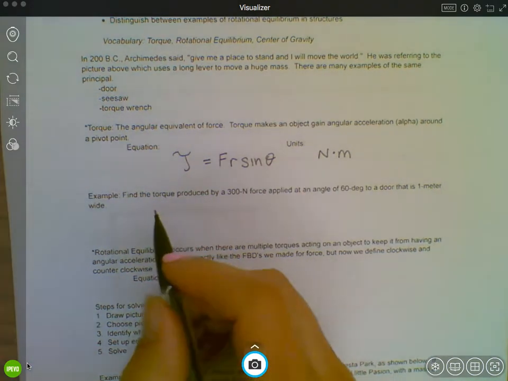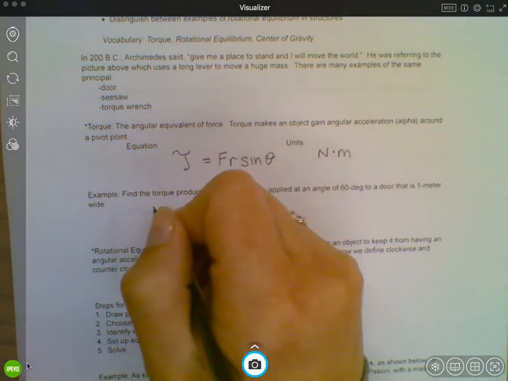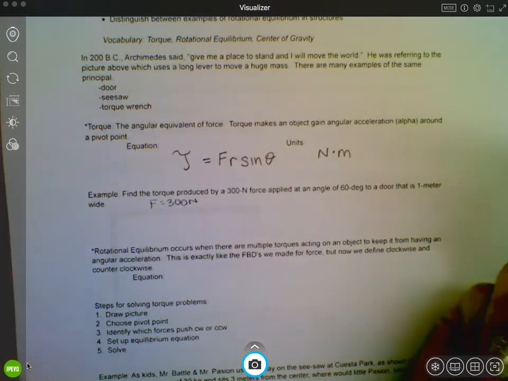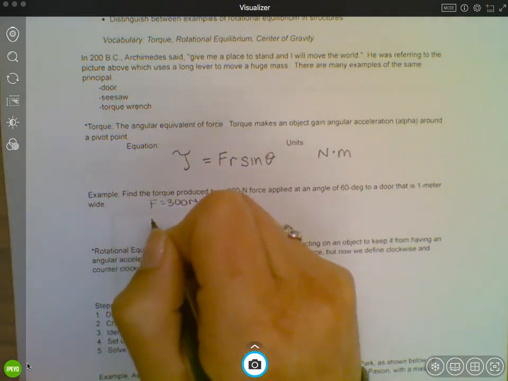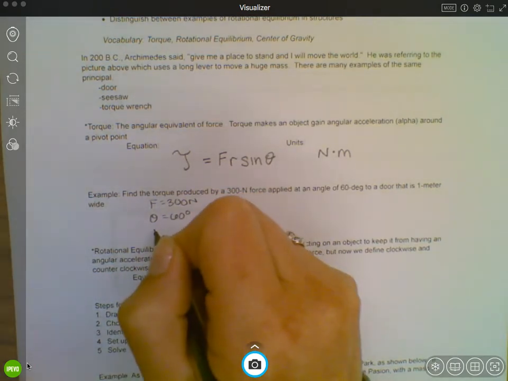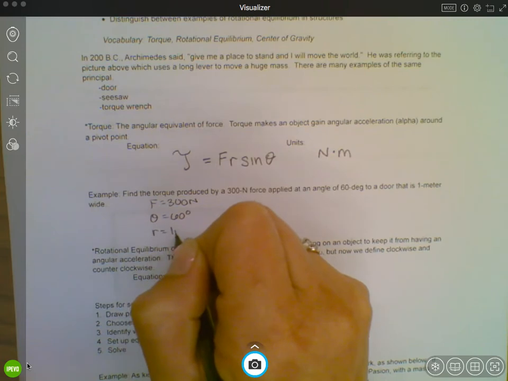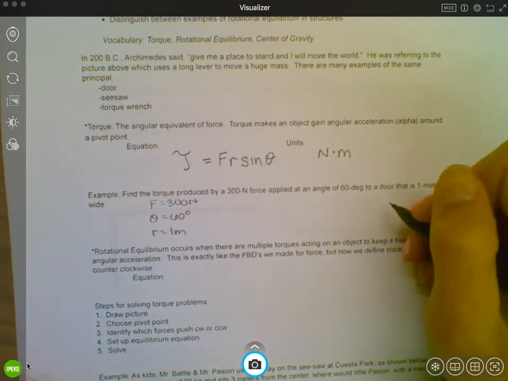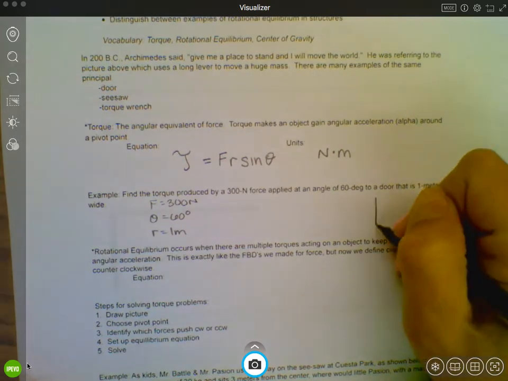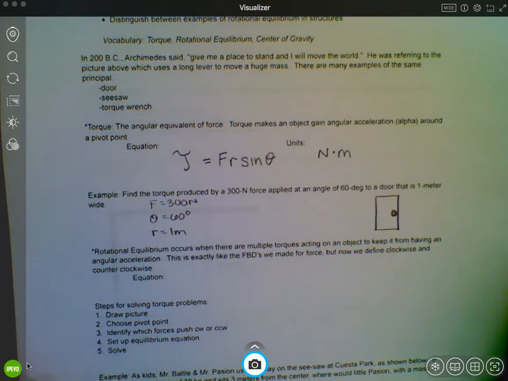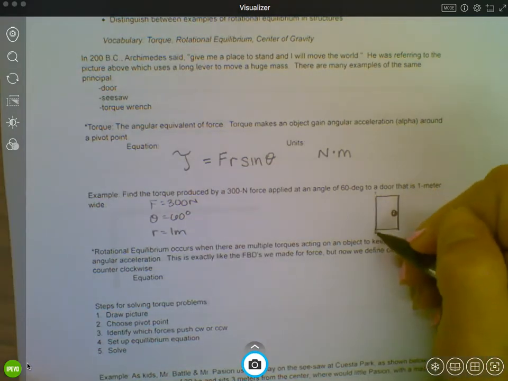All right, so here's a quick example. Find the torque produced by a 300 Newton force applied at an angle of 60 degrees to a door that is 1 meter wide. So R is the distance from the rotational pivot point. If we have a door, and let's think about the handles here, this axis right here is the pivot.